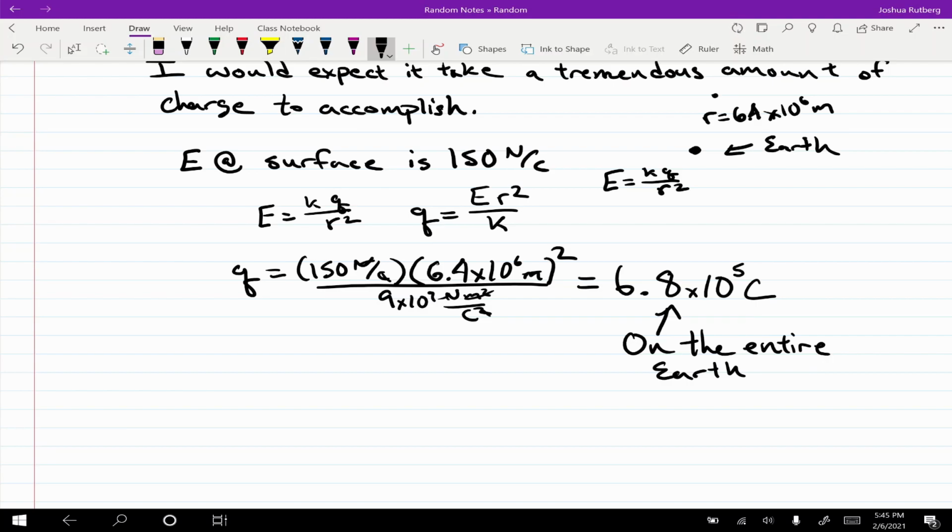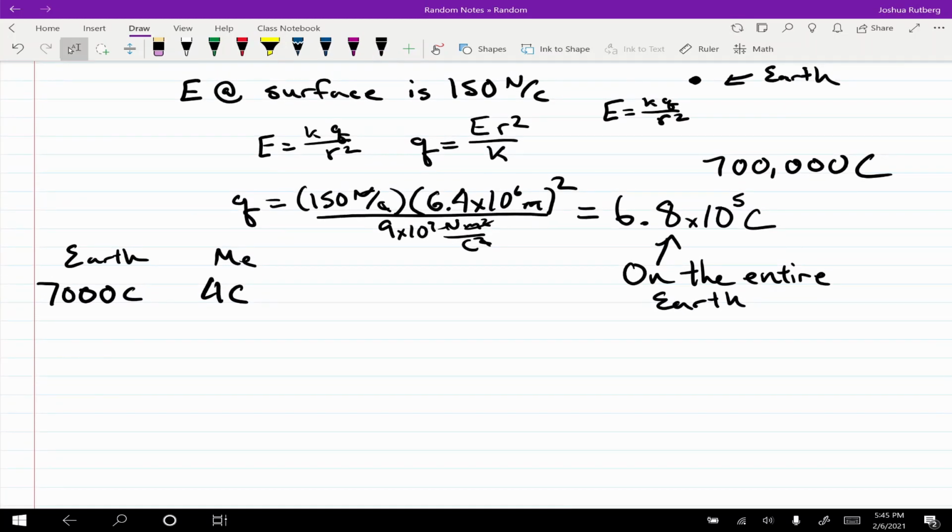Let's be generous and say that's 700,000. I'm rounding because this is an evaluation, and my numbers don't need to be precise. So we have 700,000 coulombs on the entire Earth compared to the 4 coulombs I would need on me.